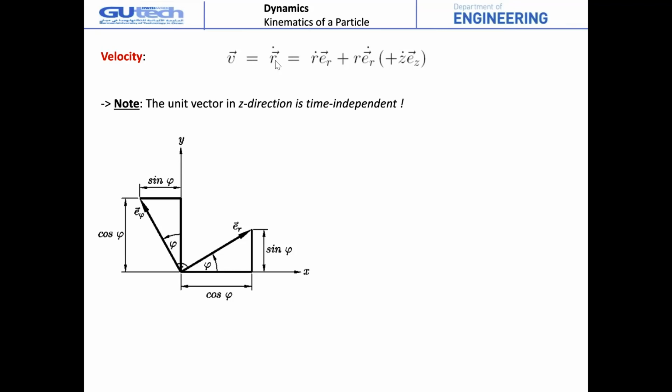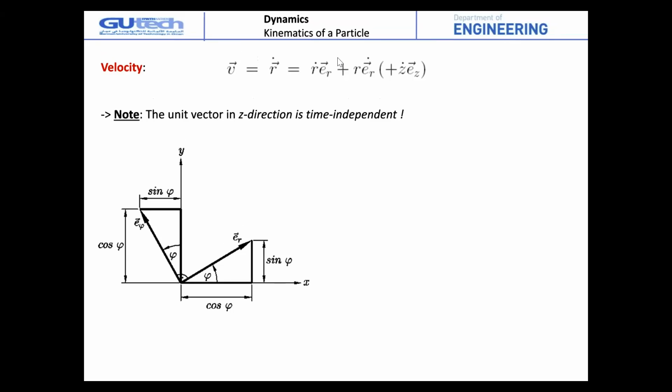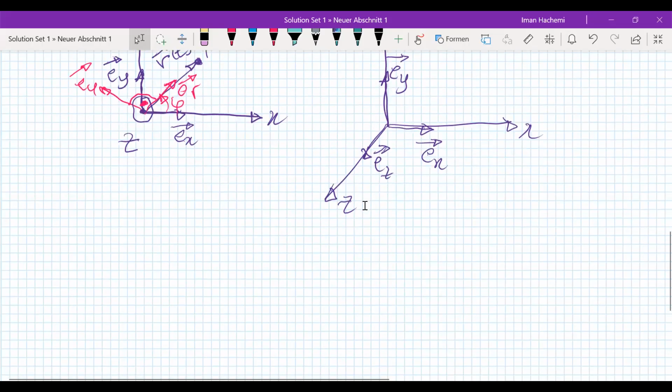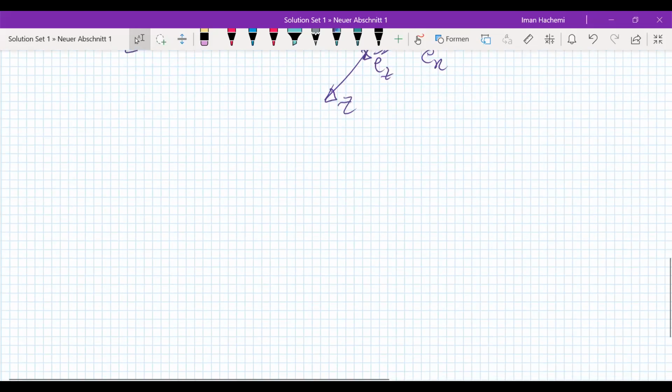As we said, the position vector is r times the unit vector Er, and Er is time dependent. Then we have to take the time derivative. Let's return back here to the slide.